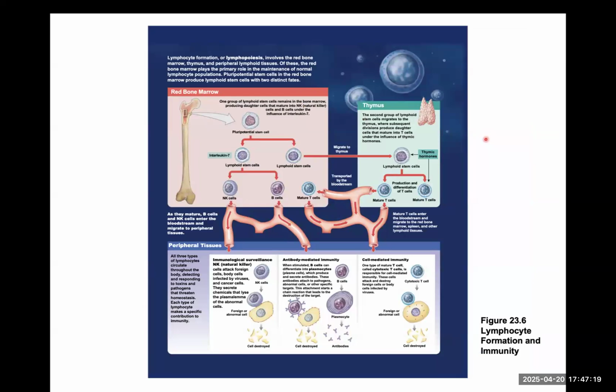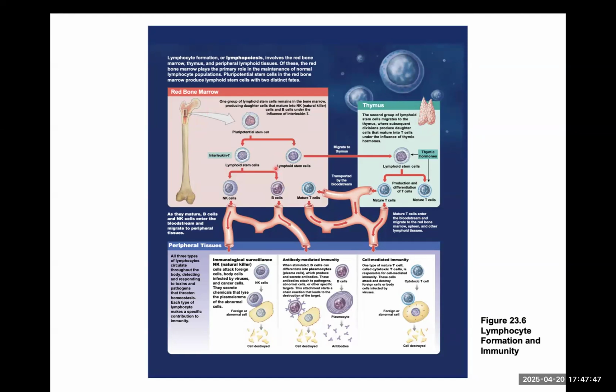This is another image from your textbook showing you that you got yourself a thymus gland, and we said that your thymus is a gland above your heart. The T cells are produced in the bone marrow, but then they go to the thymus, and they mature in the thymus. On the other hand, the B cells are being produced in the bone marrow, and they are staying in the bone marrow.